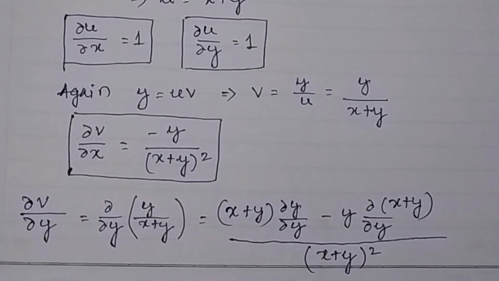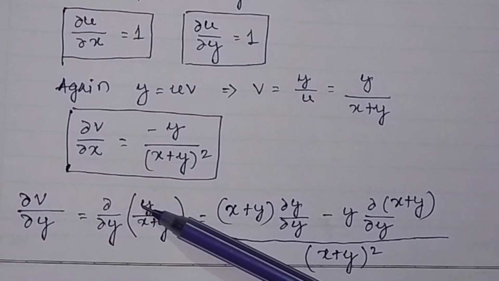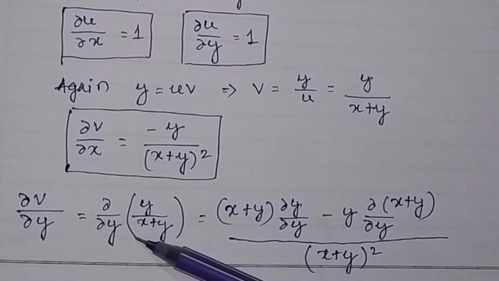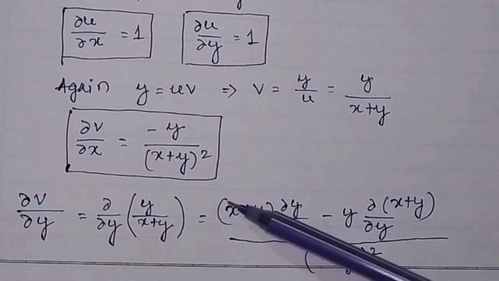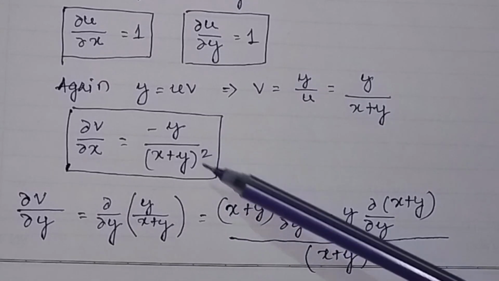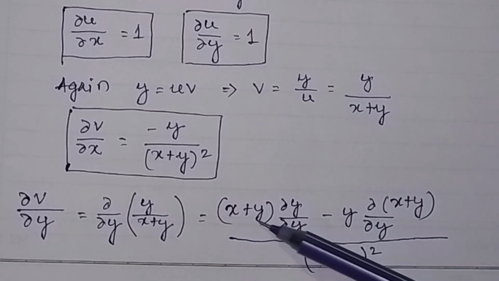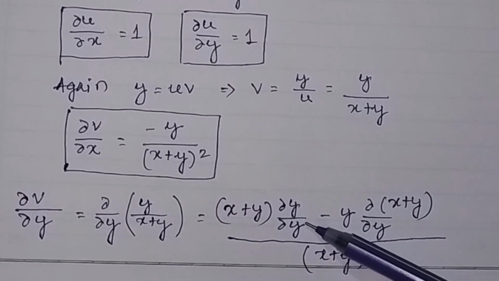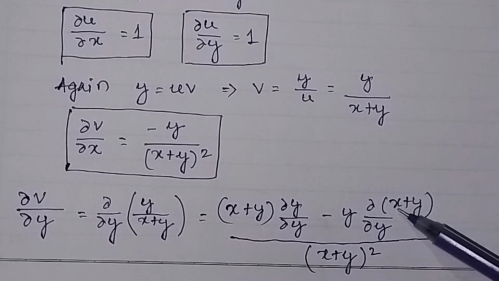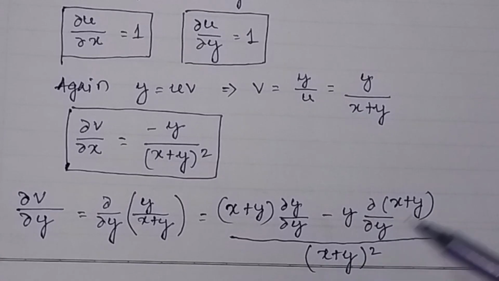Now we'll find the partial derivative of v with respect to y. The partial derivative of v, that is y divided by x plus y, with respect to y, applying the quotient rule, will be equal to x plus y times the partial derivative of y with respect to y, minus y times the partial derivative of x plus y with respect to y, divided by x plus y whole square.